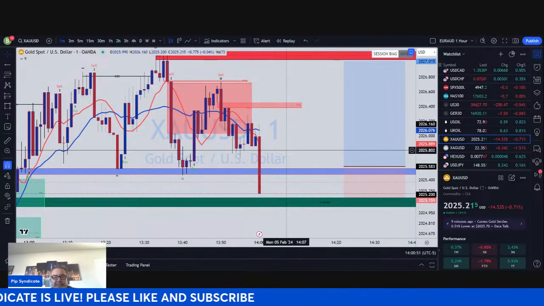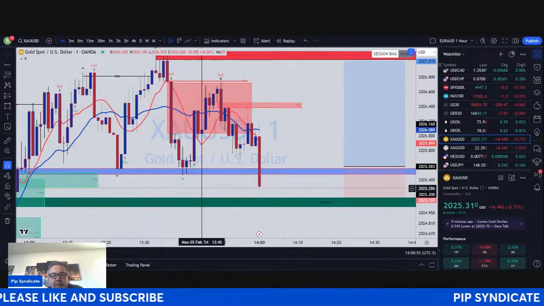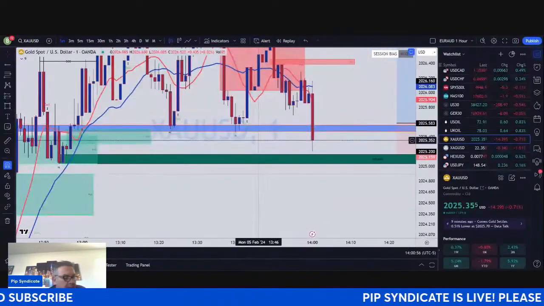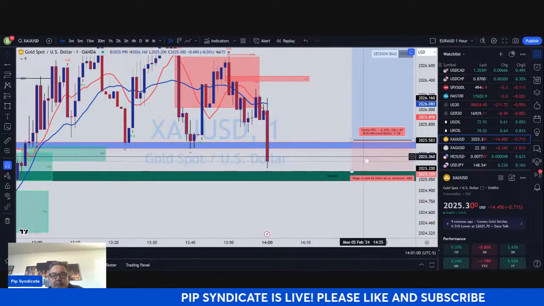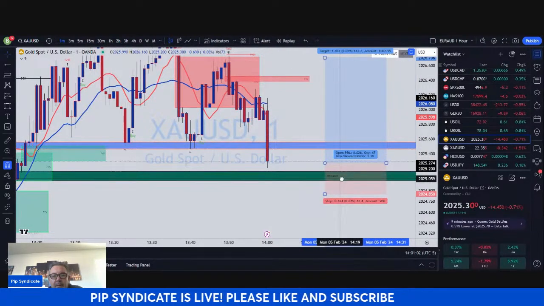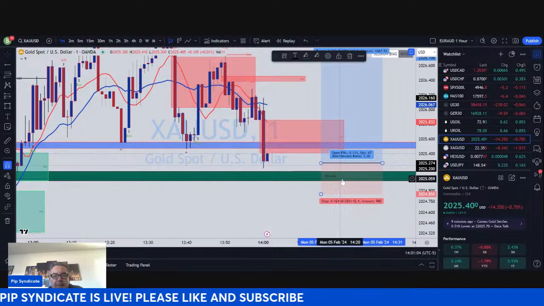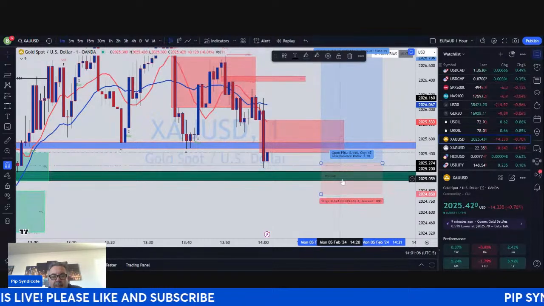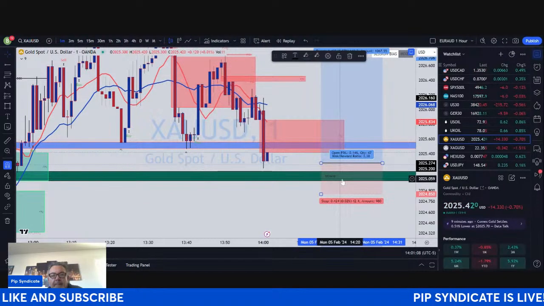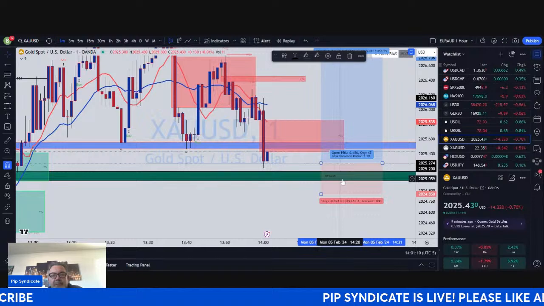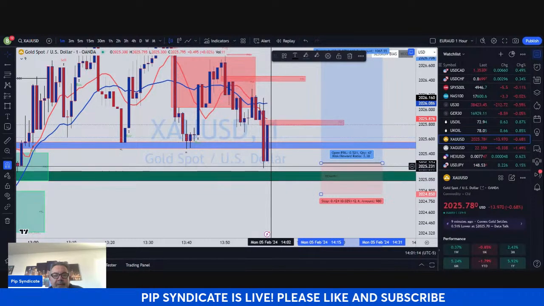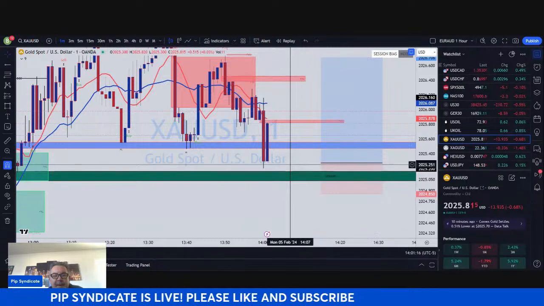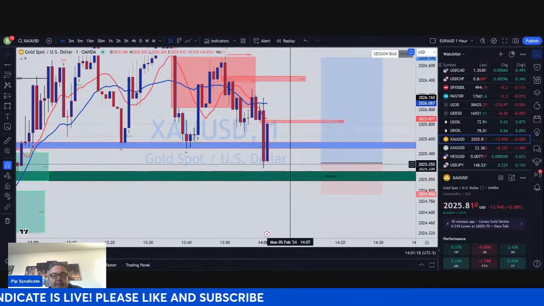Look at that, it blew right through there, man. Coming right to our zone. Right to our demand zone. Just about touched it. Look at that, how we came right out of there, man. I need it to pull back now.